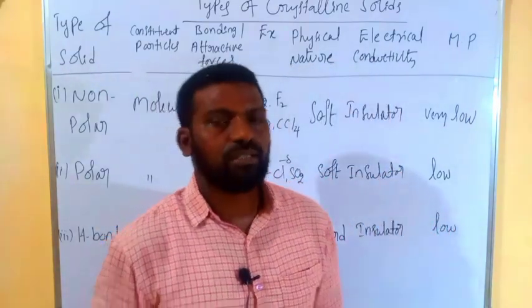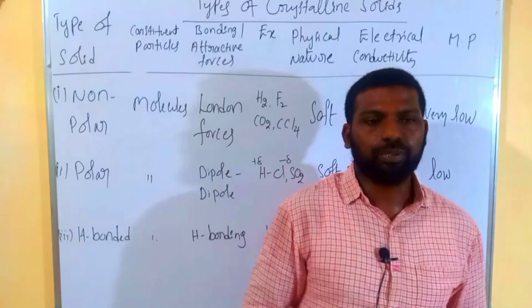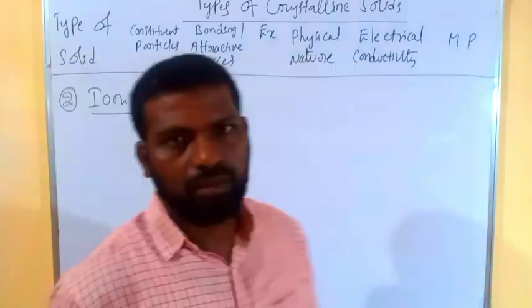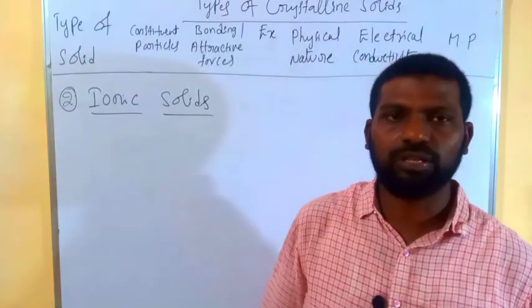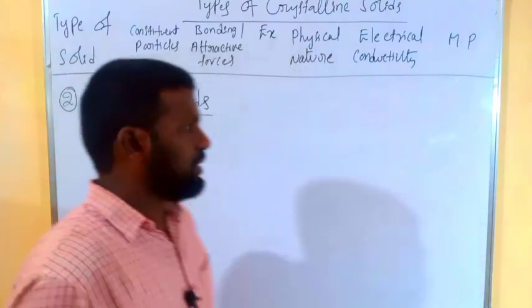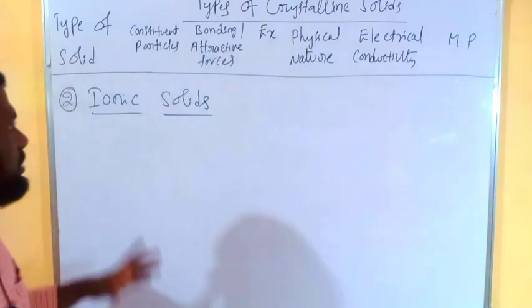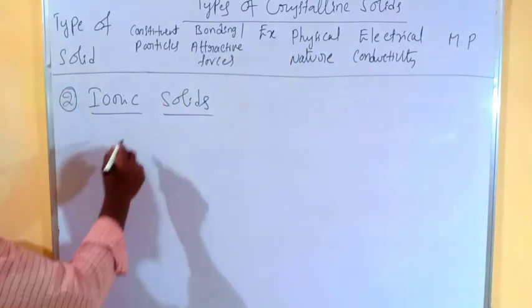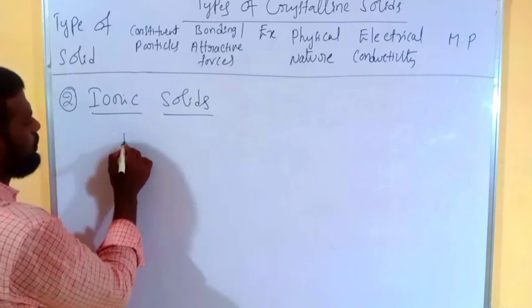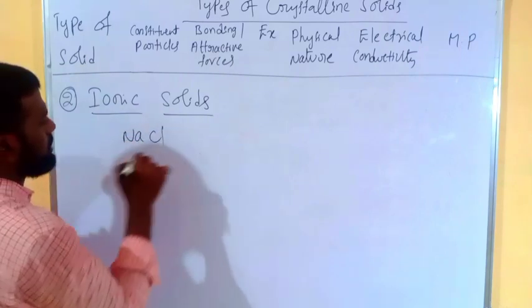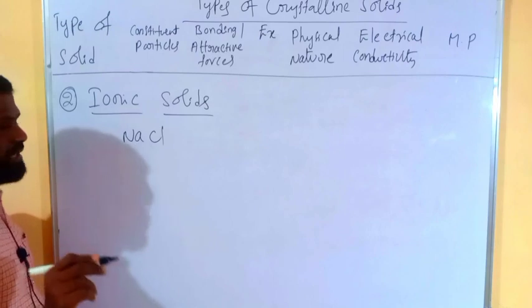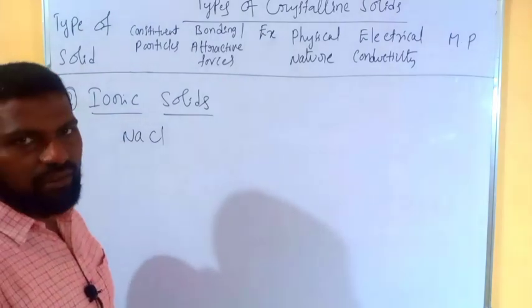Okay. Next, we'll move on to the next type, ionic solids. The second type of solids are ionic solids. These ionic solids are very simple. Let's take a simple example, sodium chloride, NaCl. You already studied ionic bonding and examples of different ionic compounds in the chapter on chemical bonding in 11th class.